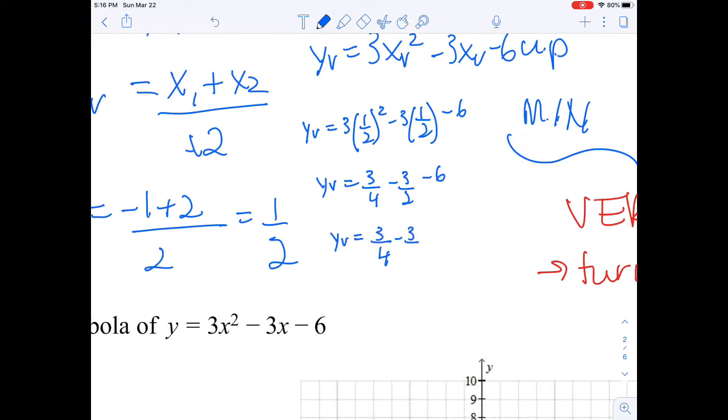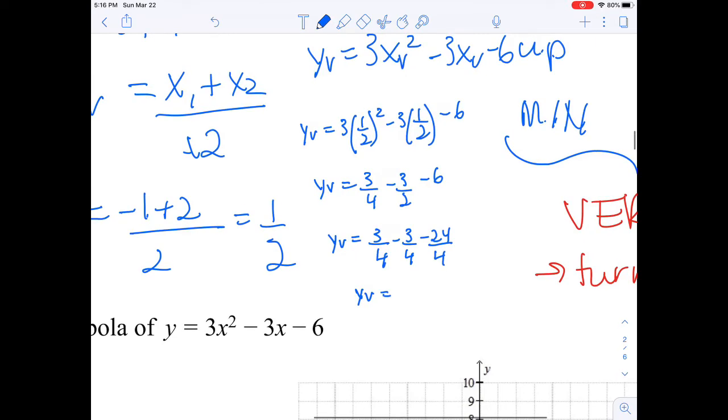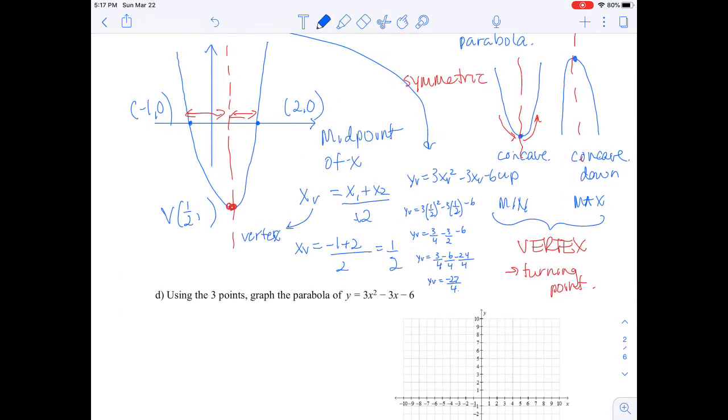You don't have to do all this work in your notes, but I just want to show you what this is in the lesson. So we get, oops, little mistake there. So this should be -6/4 minus 24/4. So we get -27/4. So in the end, our vertex is 1/2, -27/4.